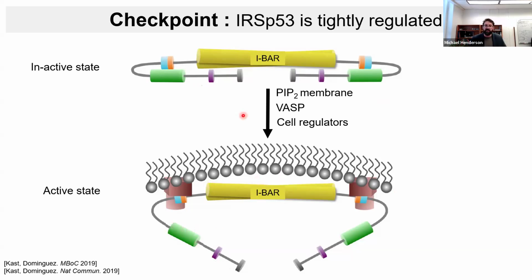Whereas in the rear of the cell, the protein seems to be held in a tightly inactive state where it's not driving machinery recruitment. There's some evidence that the switch between inactive and active may be dependent on local changes in the membrane composition, like PIP2 density, binding to certain partners that open up this domain, or other cell regulators like GTPase molecules, which have known gradients within the cell, for example.